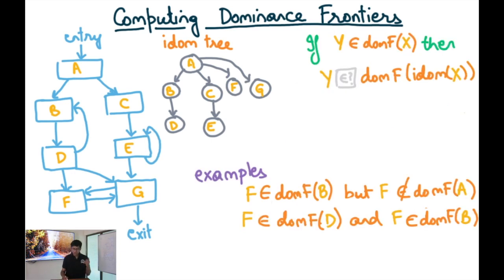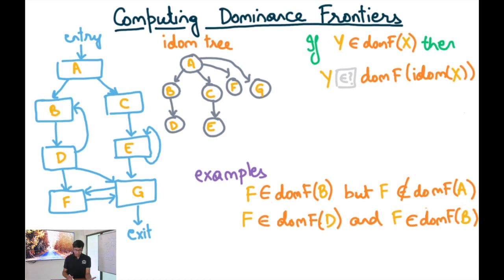So first of all, I want to point out that if a node Y belongs to the dominance frontier of X, then it's not clear whether Y also belongs to the dominance frontier of the parent of X, or the immediate dominator of X. So for example, in this example, B belongs to the dominance frontier of B, right? We have seen this before.